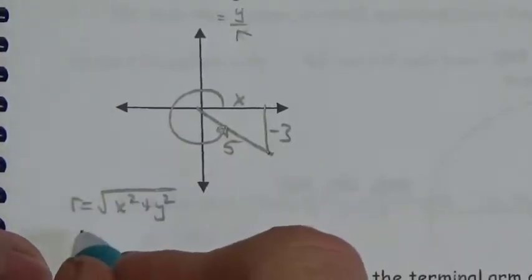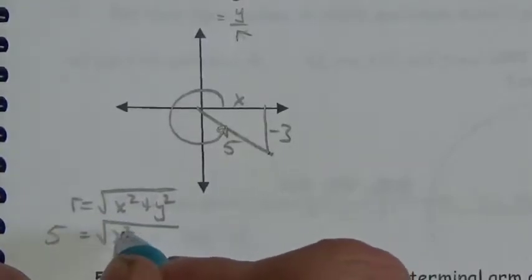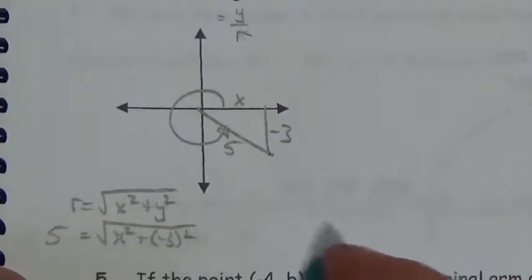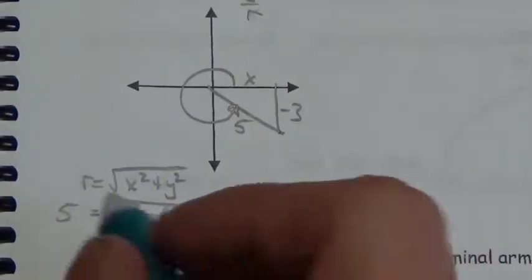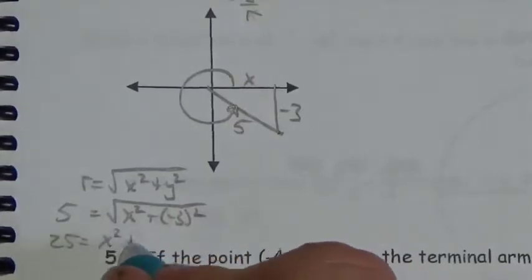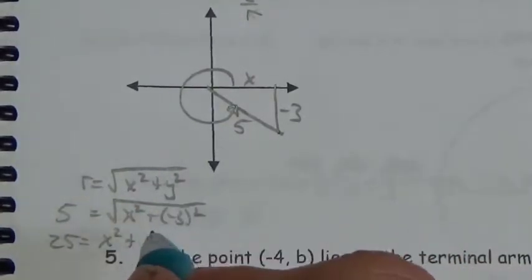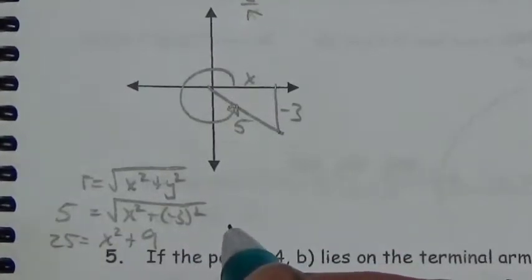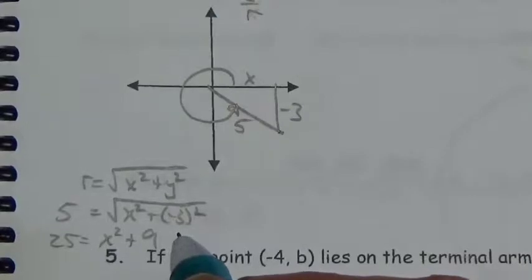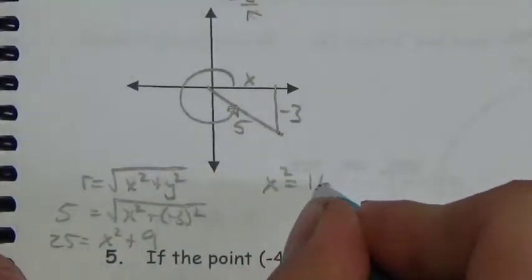That's 5 is equal to the square root of x squared, don't know what that is, plus negative 3 squared. To get what x is, I'm going to square both sides, so 5 squared is 25, and then squaring the right-hand side just gets rid of the radical. Negative 3 squared will be 9. Now I'm going to subtract that 9 from both sides, and I'm going to be left with x squared equal to 16.